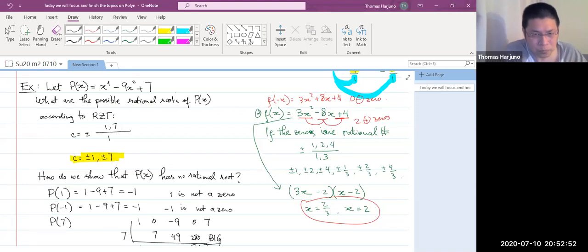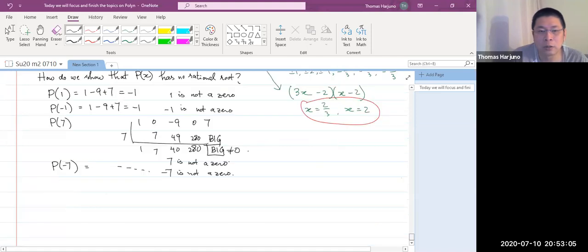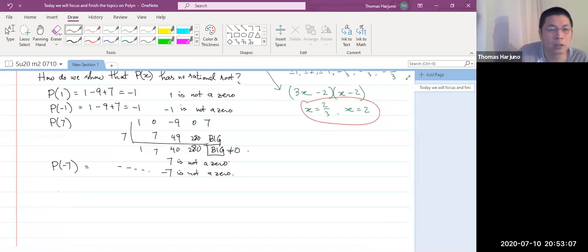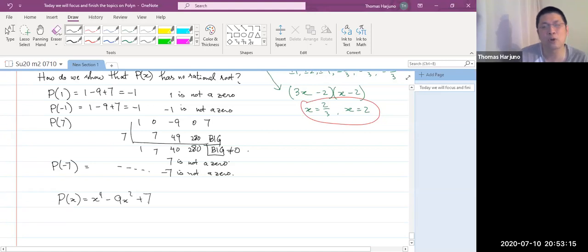In fact, you will see later on all the roots are complex roots. Let's say, for example, if we go with the Descartes rule of sign, x to the 4th minus 9x squared plus 7. No, not complex roots. I should say real numbers.